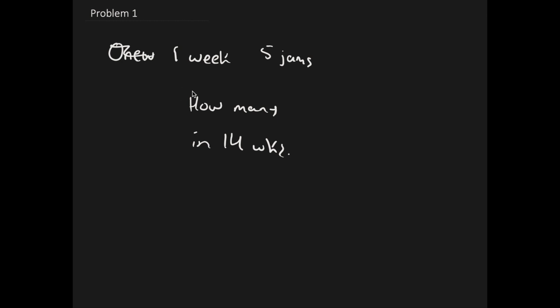So now, what are we doing? What's our operation? Are we doing subtraction, multiplication, division? In multiplication, we're adding equal groups to find a total. So the total, I'm going to write T equals unknown.